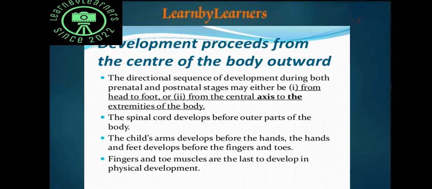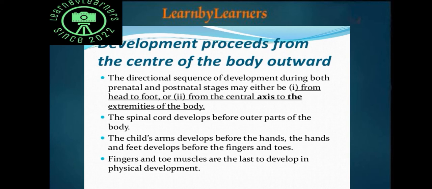So this is the direction of development, you can say, in the prenatal stage or postnatal stage. So what is the prenatal stage? Before birth, right? The postnatal stage is just after birth, right? So from head to foot it develops, from center to extremities of the body.